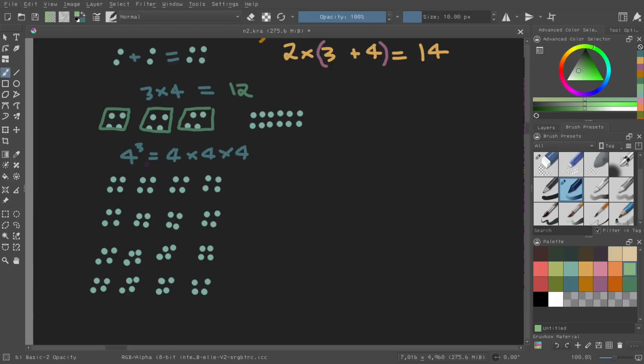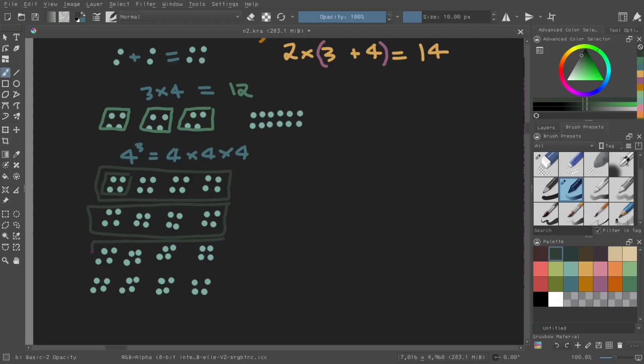This is working with, I guess, groups of units. So you've got one group of 4. So this is obviously one sort of grouping, and you've got 4 of those. So this is another group, and because it's 4 to the power of 3, you're saying you've got 3 of these groupings.